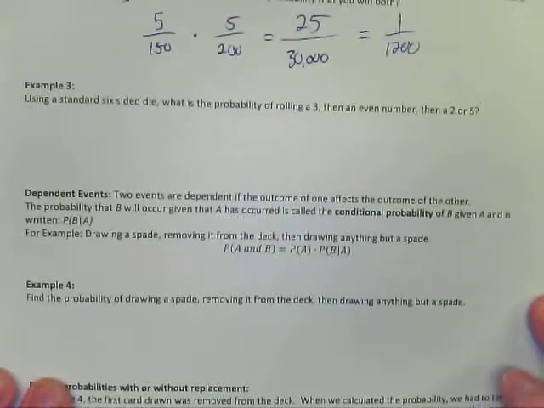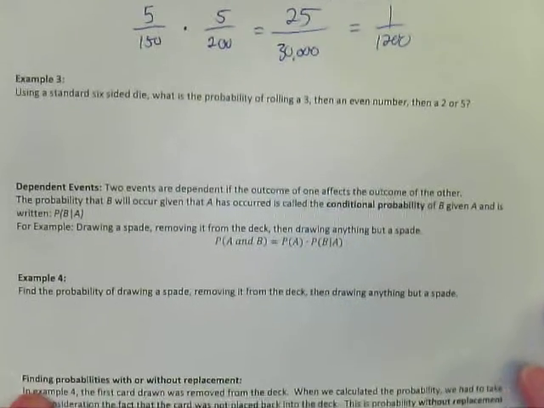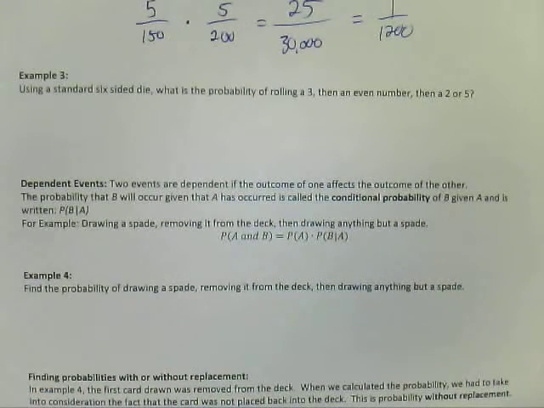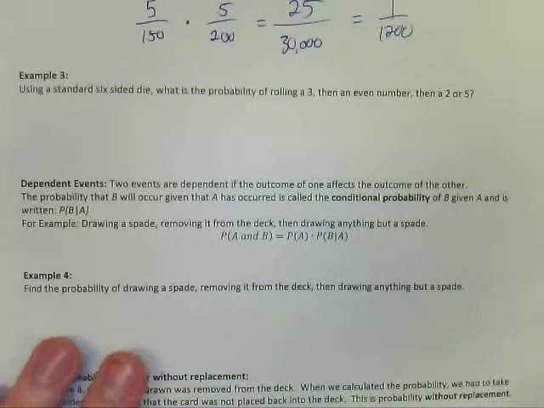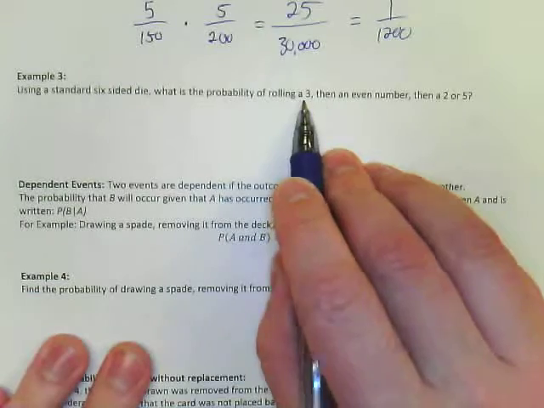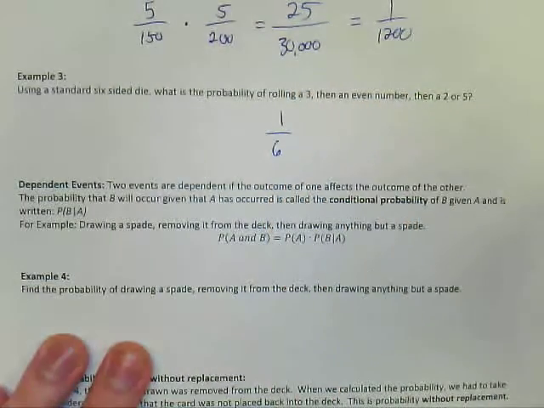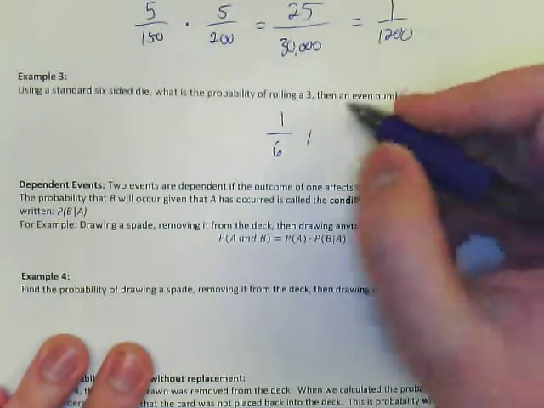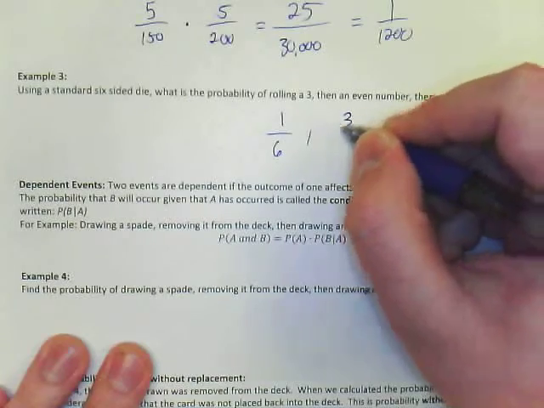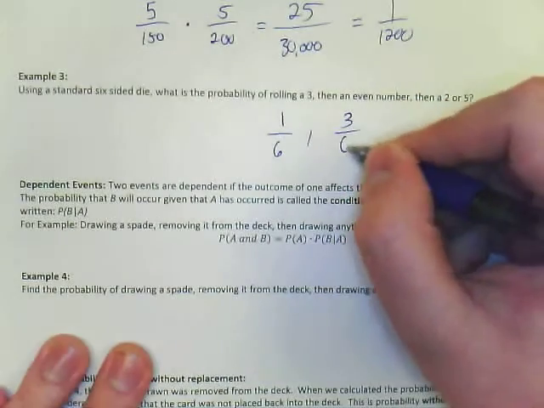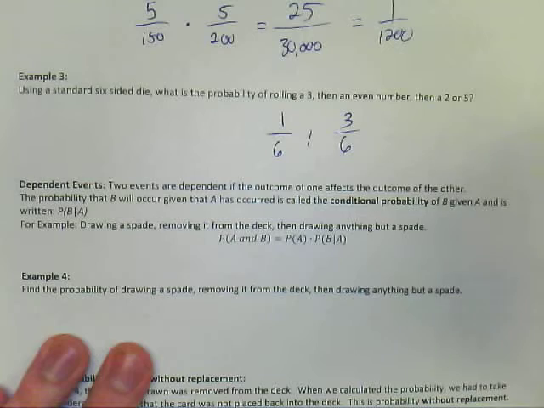For example 3, using a standard 6-sided die, what is the probability of rolling a 3, then an even number, then a 2 or a 5? Let's take each one individually. For rolling a 3, there's one way to roll a 3 out of the possible 6 sides of the die. For the next one, an even number, there are 3 even numbers out of the possible 6: you could have a 2, a 4, or a 6.